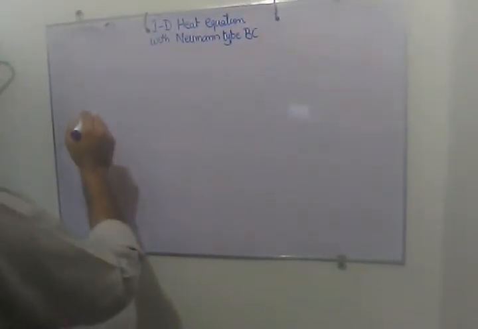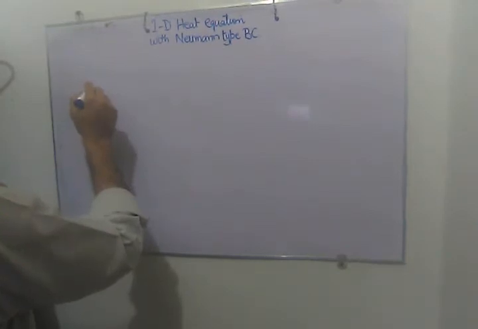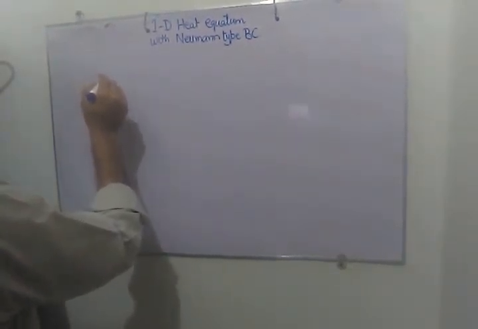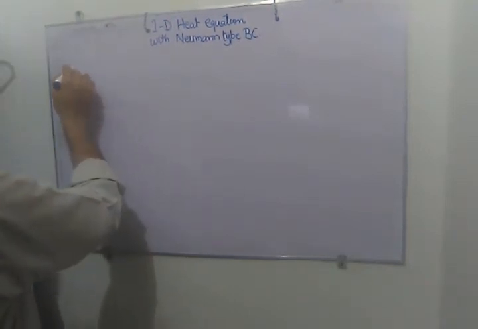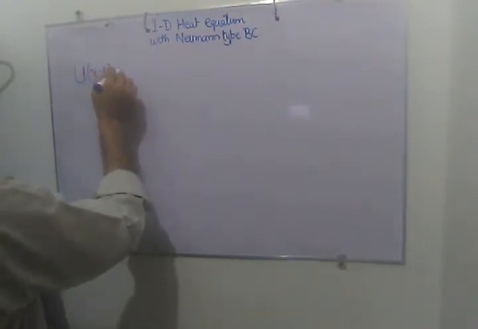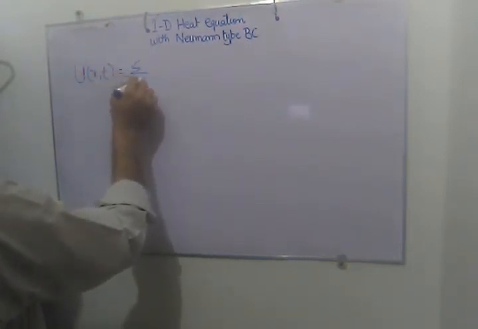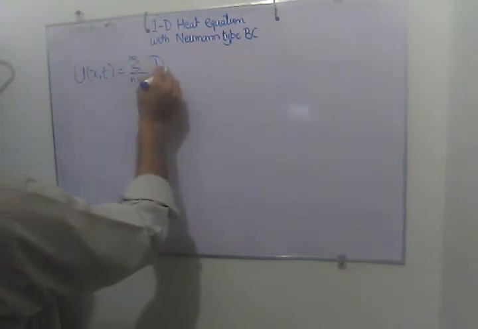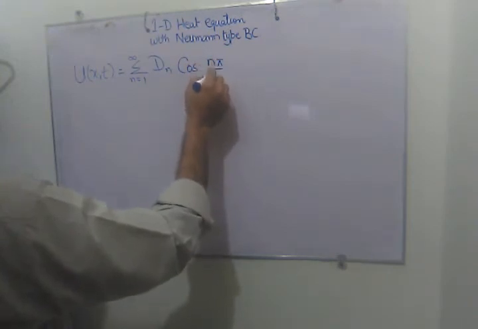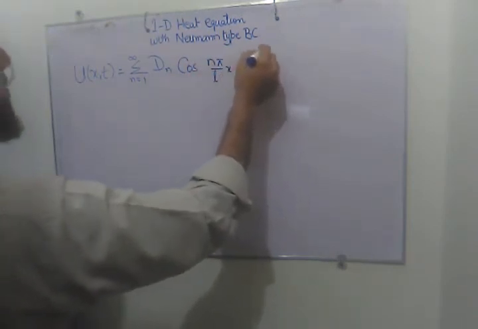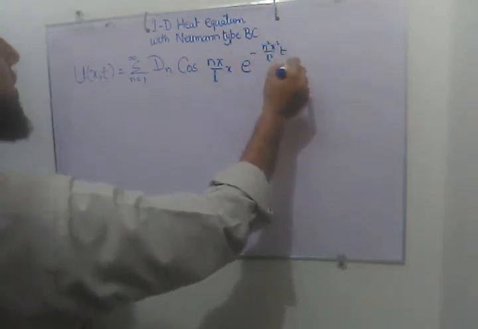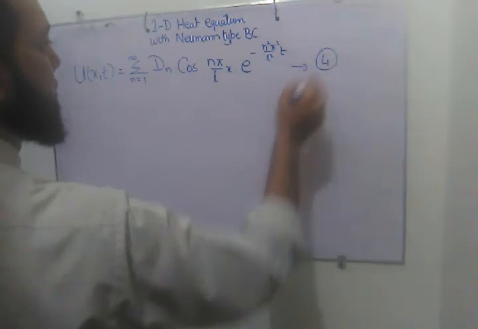Now we are going to find the particular solution. For this we use the initial condition in the general solution. So our general solution was u x t is equal to the summation n is equal to 1 to infinity d n cos n pi upon L x exponential minus n square pi square upon L square t. We call it equation number 4.